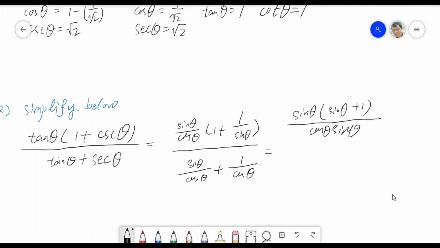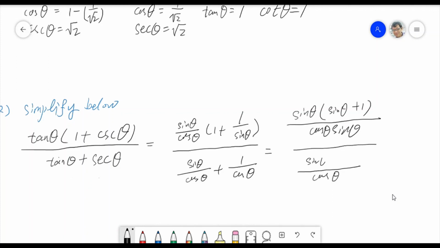Am I right? And then below, this is a cosine. Wait, this is a secant. Oh, so they have the same denominator. Okay, so that's easy.